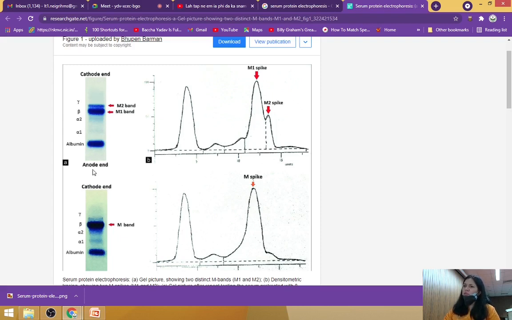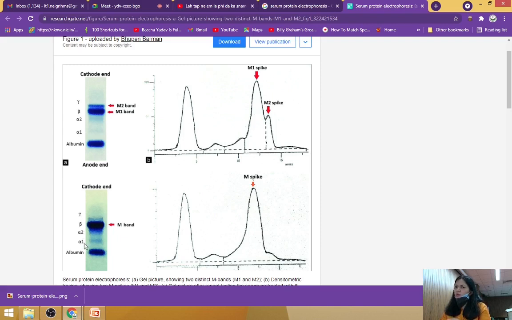The first to migrate towards the anodal end, remember, is albumin, then alpha-1 globulin, alpha-2 globulin, beta globulin, and gamma globulin. When you see the height of the various peaks, you can see that the concentration of albumin is highest, so it forms a bigger band. Since the concentration of albumin is highest in the plasma, you find a bigger band. Then the next band is alpha-1 globulin, then alpha-2 globulin, beta globulin, and gamma globulin.